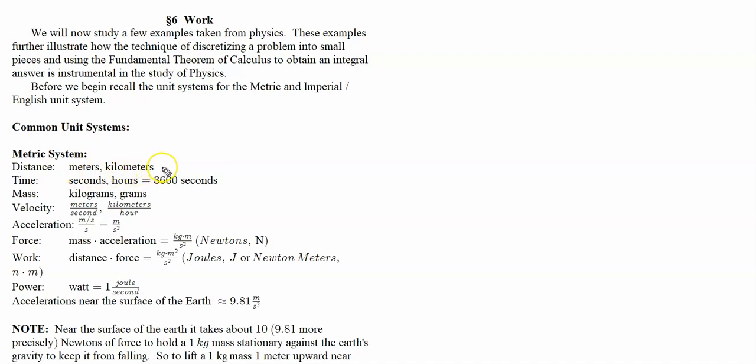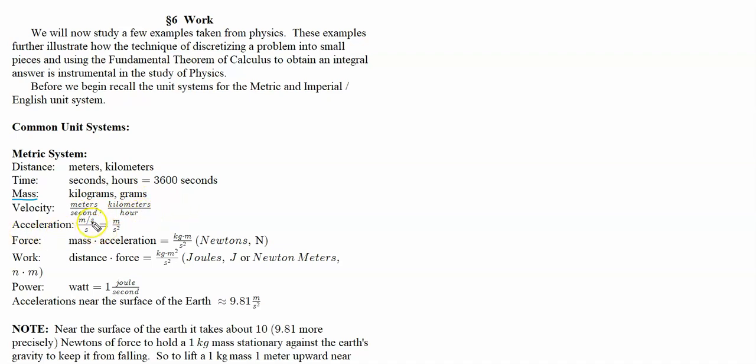So you should all know that. Time, same as in the imperial or English system, seconds, hours, minutes, okay? Now, in the metric system, mass is measured in kilograms or grams, usually. Velocity, meters per second, kilometers per hour.